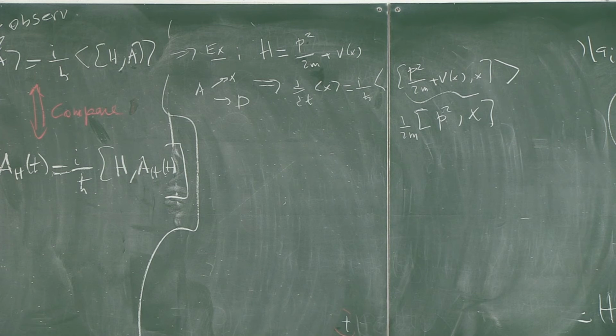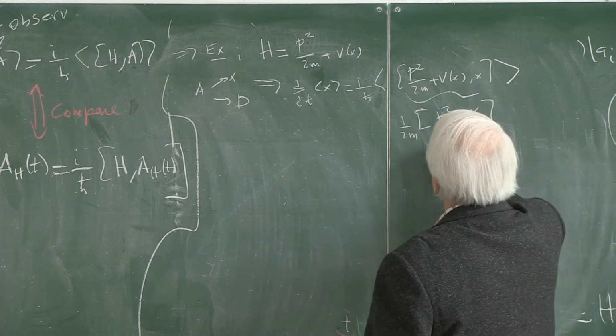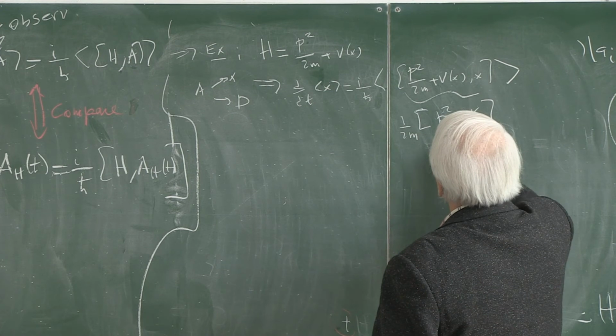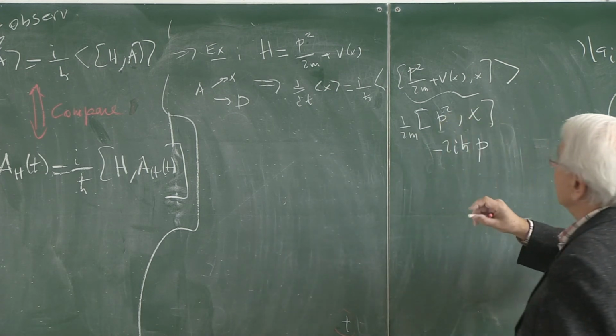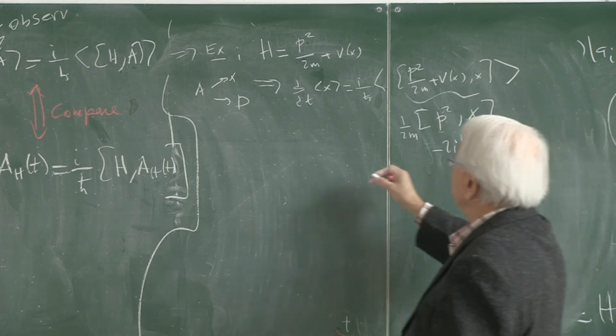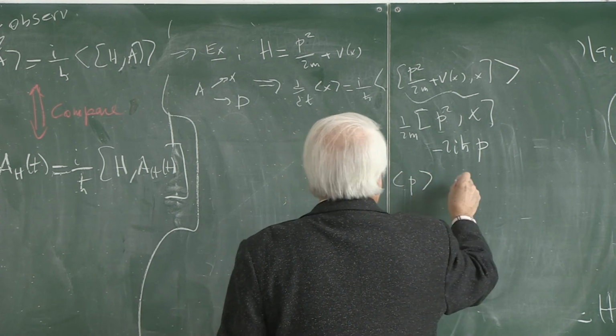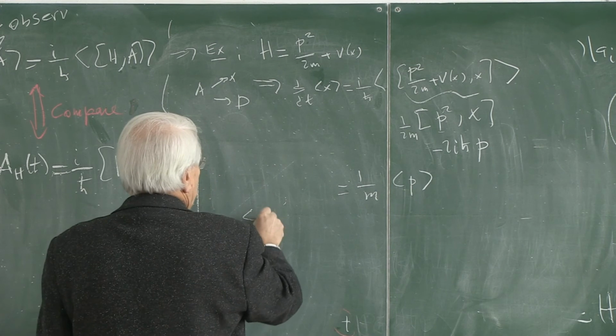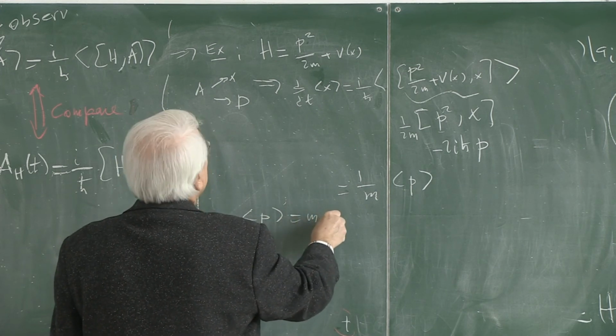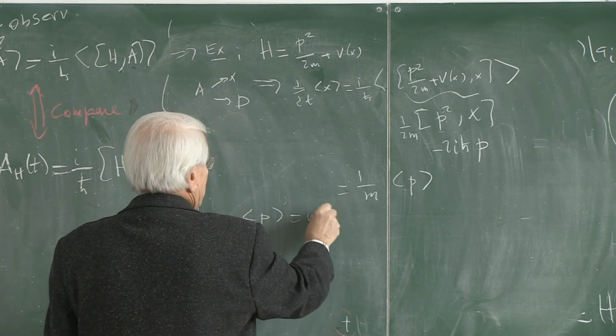I am free to choose any picture I like, which I demonstrated. I'm carrying it out simply in the Schrödinger picture, not to worry about the time. So what is this? Minus 2i h bar p. The 2's cancel, the i over h bar cancels, so you have 1 over m p. So this gives you p is m times d by dt of x.